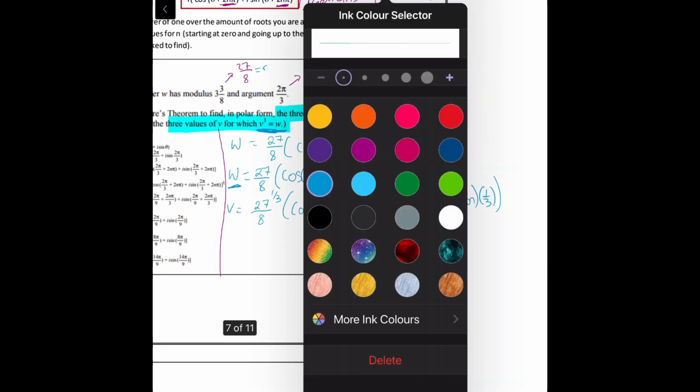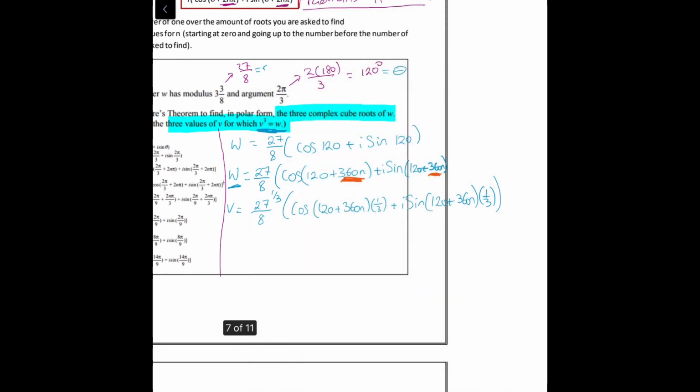So if I move this down a little bit, I'm going to just change the color so that I can see the different ones that I'm doing. I'm going to use n equals 0. And when I do that, I'll have v is equal to 27 over 8 to the power of 1/3, cos of 120 plus 360 by 0, all of that multiplied by 1/3, plus i sine 120 plus 360 times 0 multiplied by 1/3.